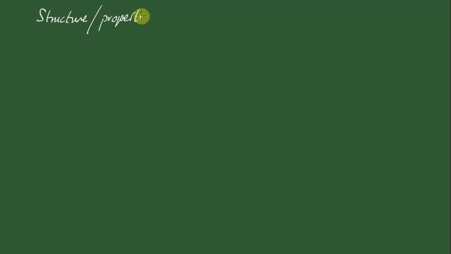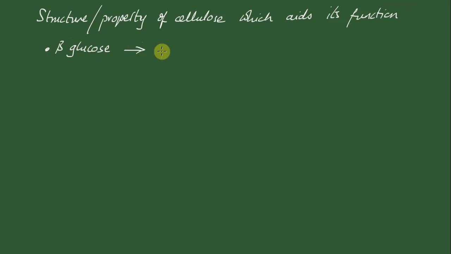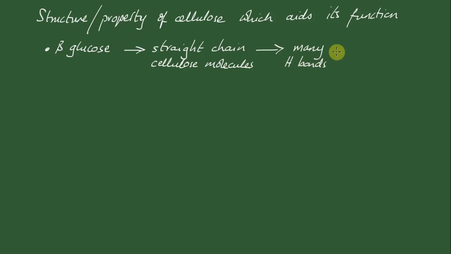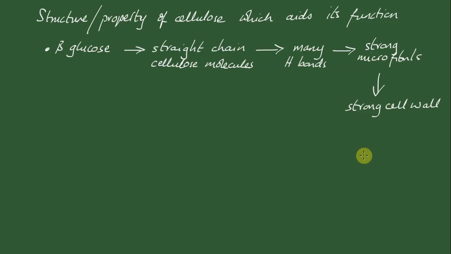So let's now summarise how the structure or the properties of cellulose relate to its function, its primary function being strength. And it all stems from the fact that beta-glucose has been used. Beta-glucose is used, which means that straight chain molecules are formed, which means that many hydrogen bonds can form between those molecules, and therefore, as a result, a strong cell wall results.